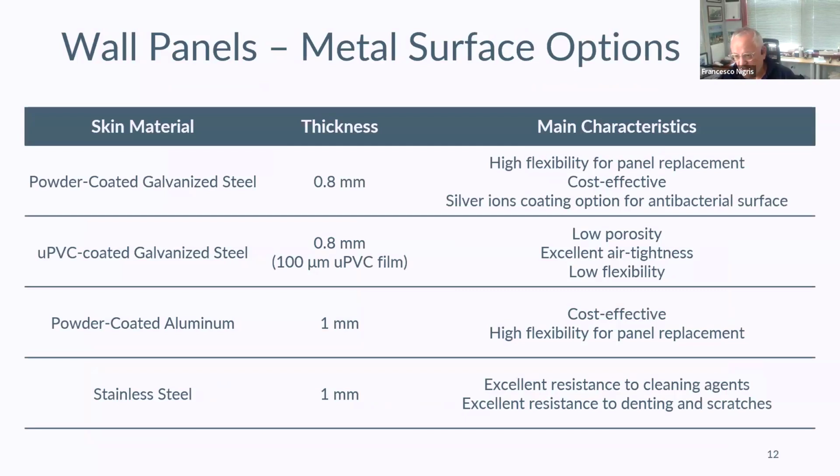Of course, you need to evaluate whether it makes sense to go with a different skin thickness, depending on the traffic, the durability, and what your needs are for the project.